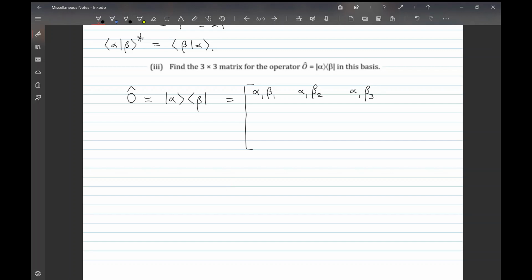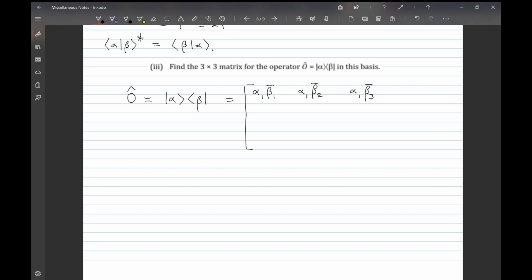Okay. Now, if we are thinking about beta as the bra, we write it like this. But if we think about it as beta as the ket, we might just like to be careful here and just label these as the complex conjugate.